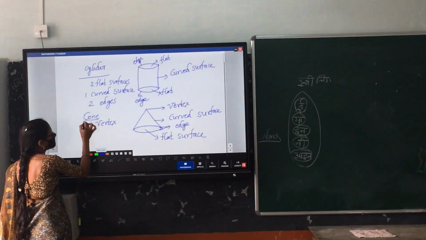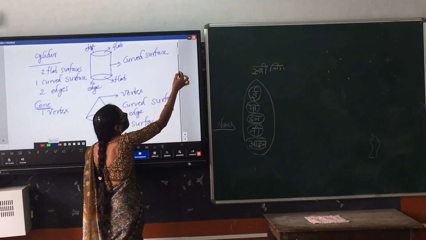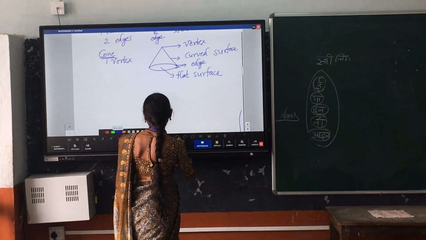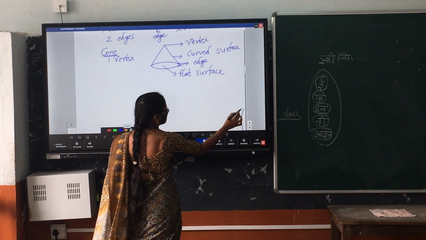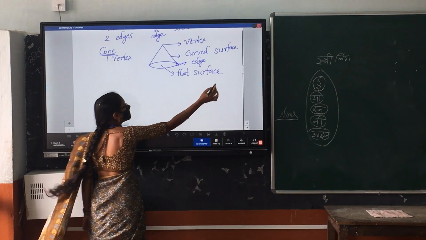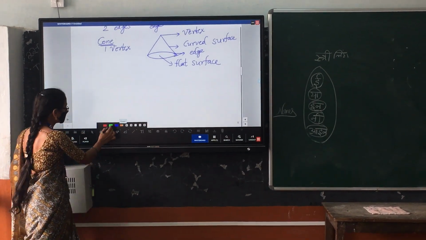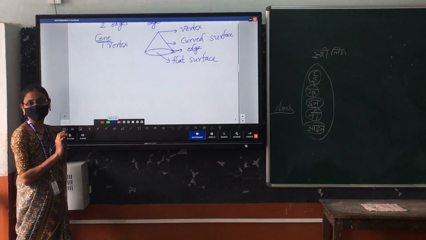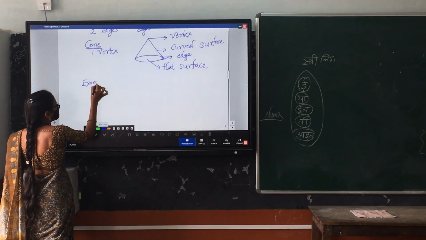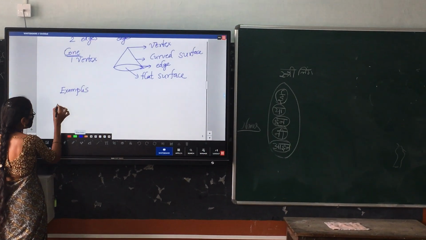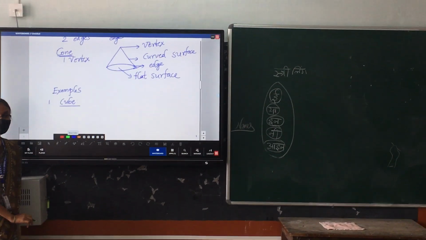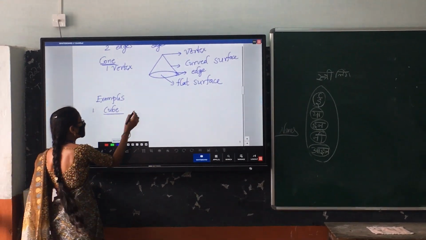And for these, we have to see real life examples first. First, cube examples. Any two examples first. Good.